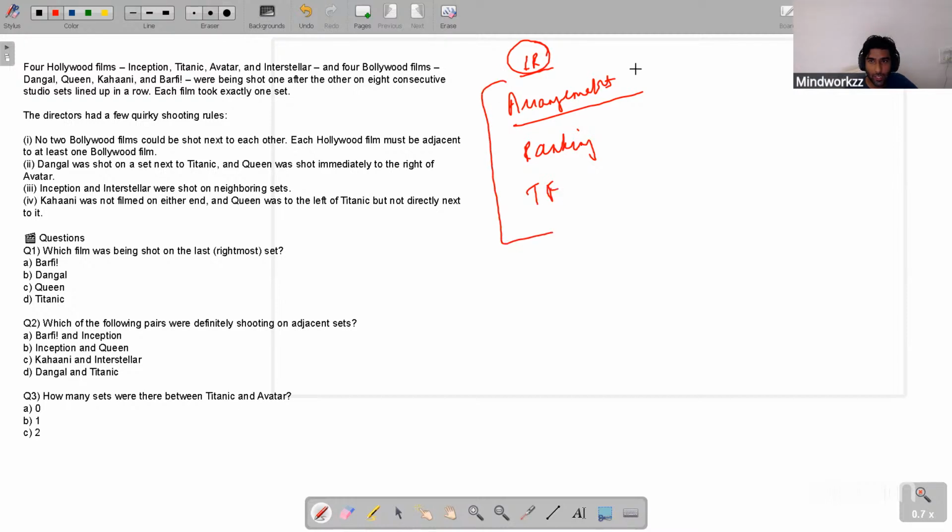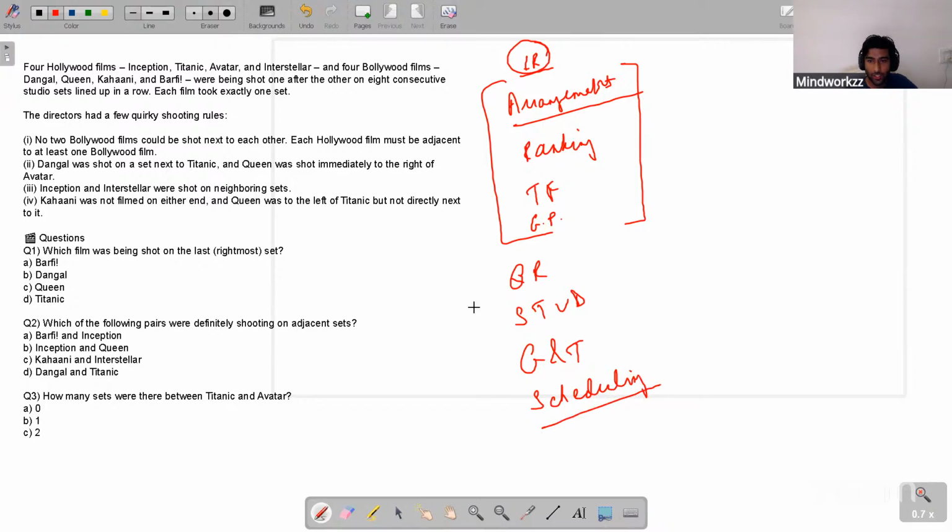These three are the basic chapters which help you understand the basic fundamentals of LR and generic puzzles. Then there are some specific question types like quantitative reasoning, set theory, Venn diagram, games and tournaments, etc. These chapters are a little advanced, even scheduling for that matter, but that's okay. These should be done after you've completed the first four chapters.